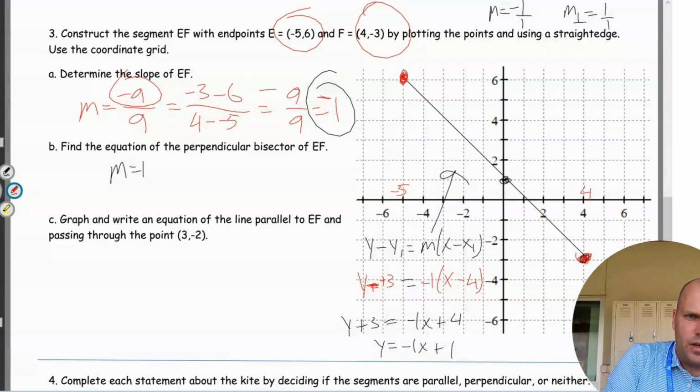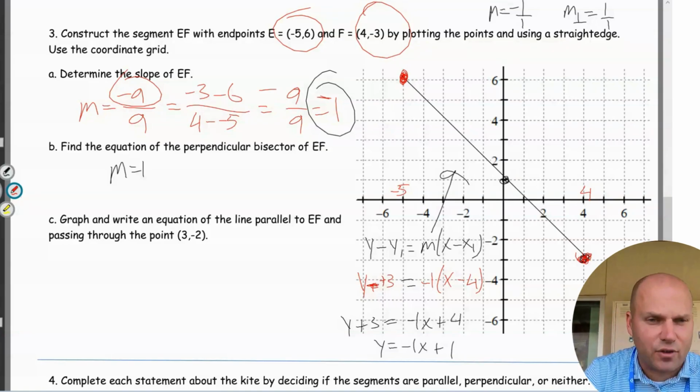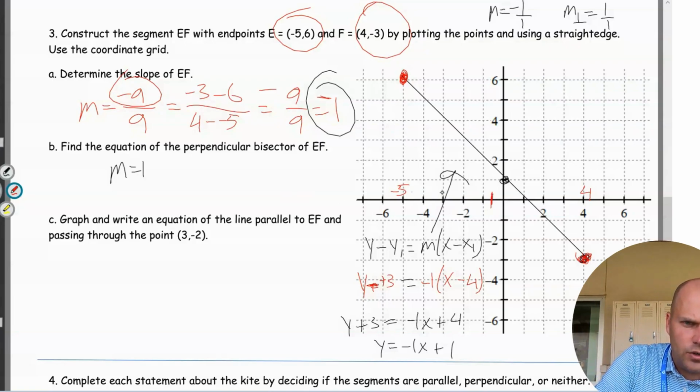It's not this point here. It's gonna have to be -0.5. How can I figure that out? You can actually find the average, -5 plus 4 divided by 2, or you can just visualize. I go over 4.5, 1, 2, 3, 4, 4.5. So all of a sudden, I have this point which is -0.5 for my x.